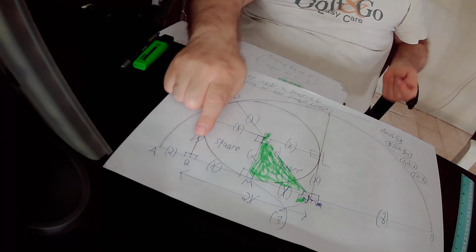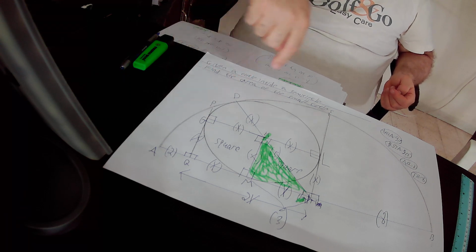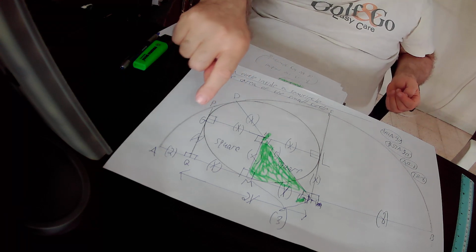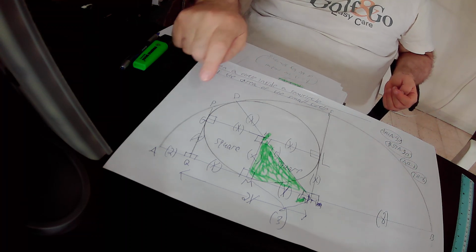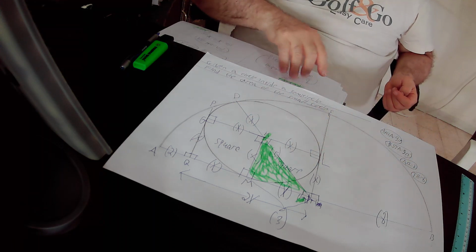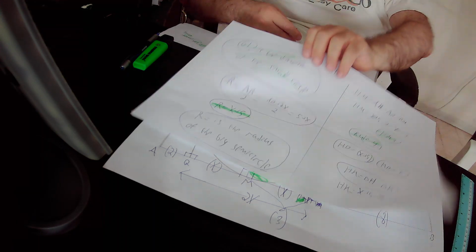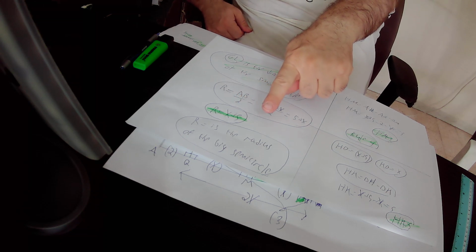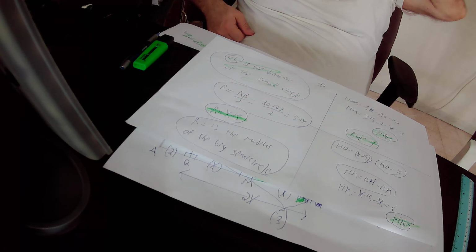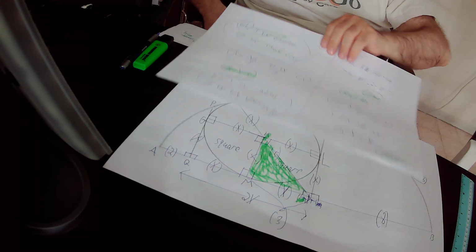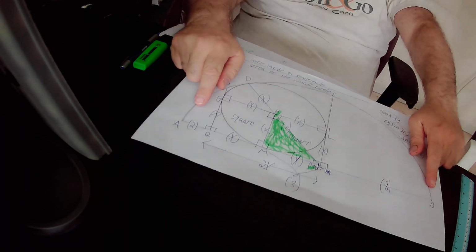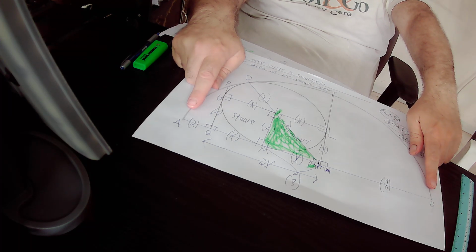Now we can find out the radius of the big semicircle. We define the radius of this big semicircle as capital R, and capital R equals the diameter AB over 2. What is the length of the diameter AB? The diameter AB of the big semicircle equals in total 2 plus 8, that is 10, plus 2x.